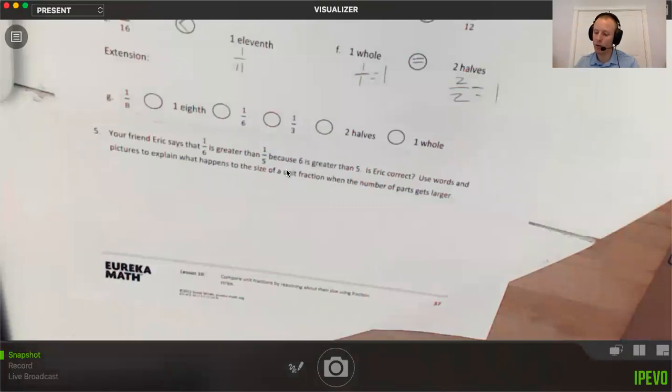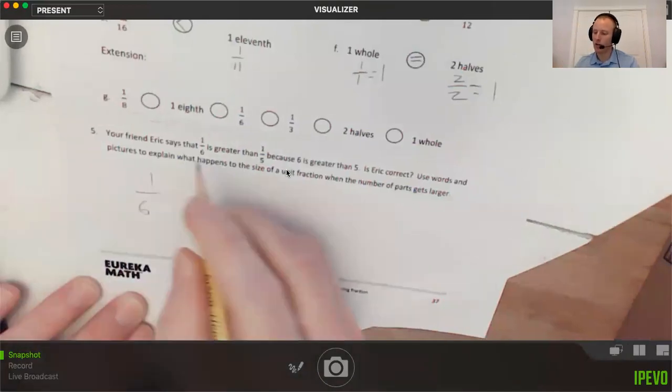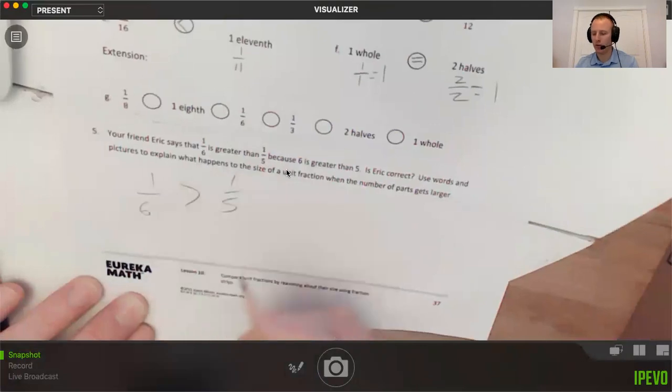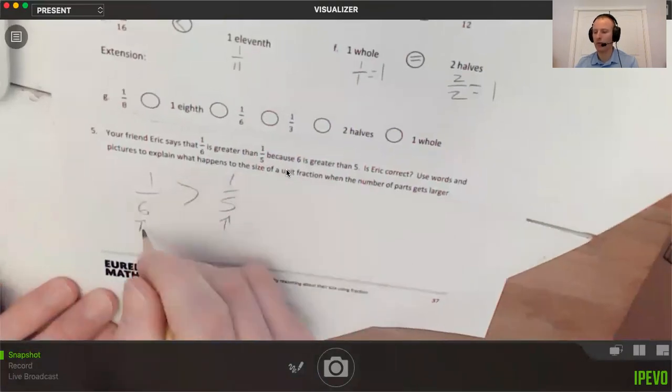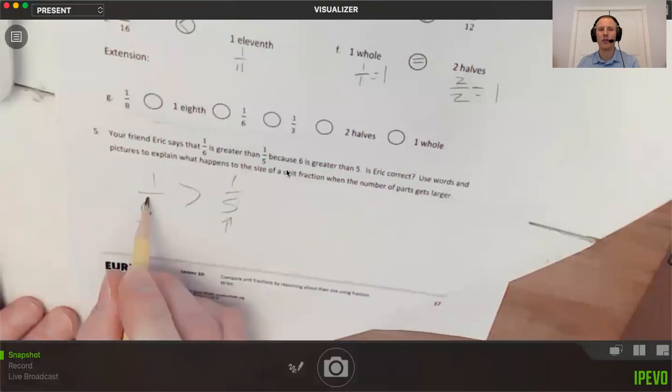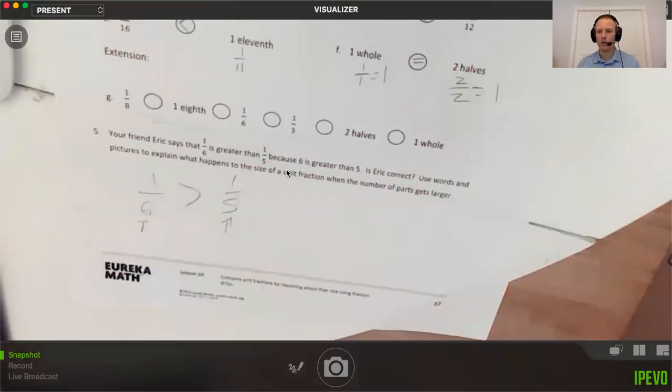So he's saying that 1/6 is greater than 1/5 because the 6 is bigger than the 5. And if the 6 is bigger than the 5, then this side must be larger. But as we discussed earlier, that's not true when you're talking about fractions with the same numerator, 1 in this case.